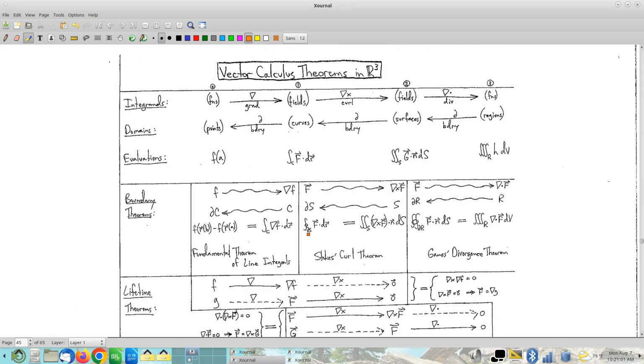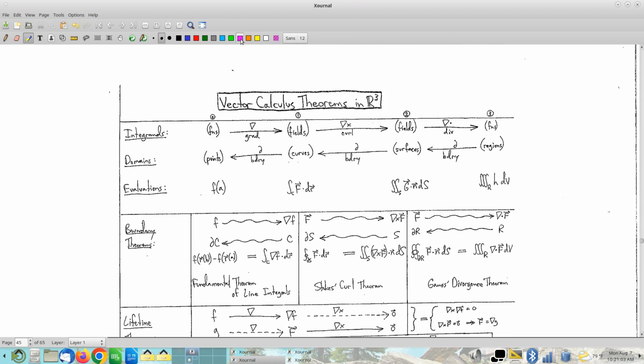Well, these vector fields: being a curl of something, divergence being 0, and being surface independent. Now, how am I going to draw surface independent on this diagram? Well, this vector field has the feature that whenever you have two surfaces with the same boundary curve, you get the same flux.